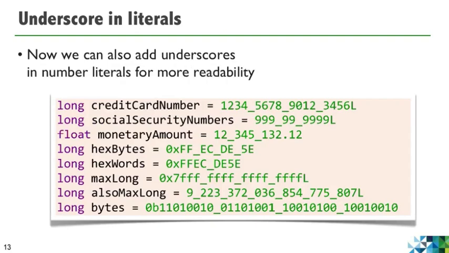You can also use underscores in your literals. For example, if you want to cleanly separate the 4 digits of a credit card number, if you want to separate the thousands and millions in big numbers, or if you want to separate the bytes or words in a big number, you can do that, and you can put the underscores anywhere you want.